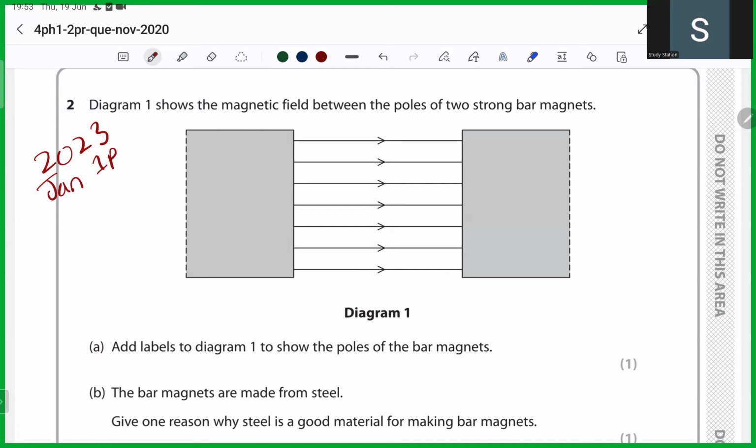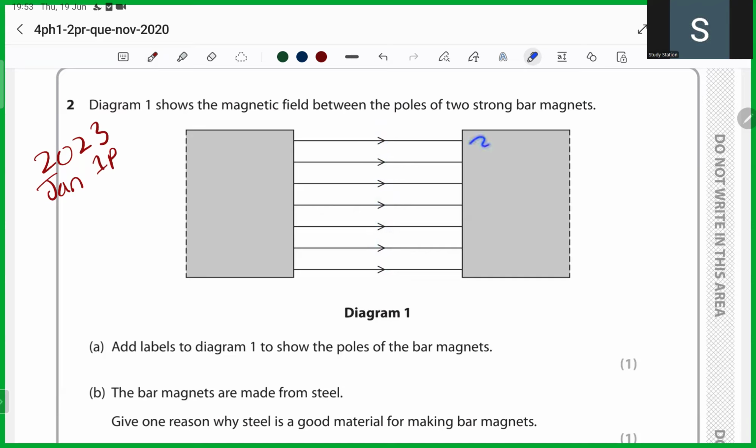Diagram 1 shows the magnetic field between the poles of two strong magnets. Add labels to diagram 1 to show the poles of the bar magnets. So you can see that it is indicating this side, right? So what do you understand by this?